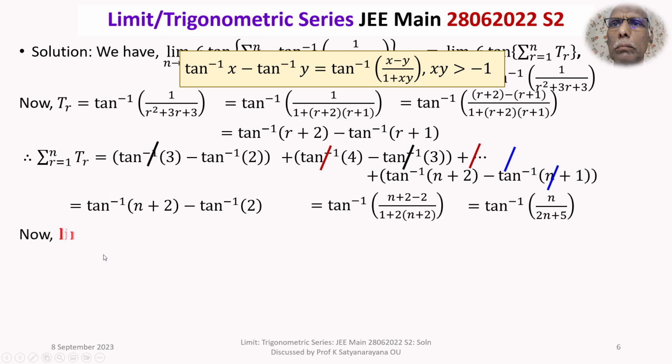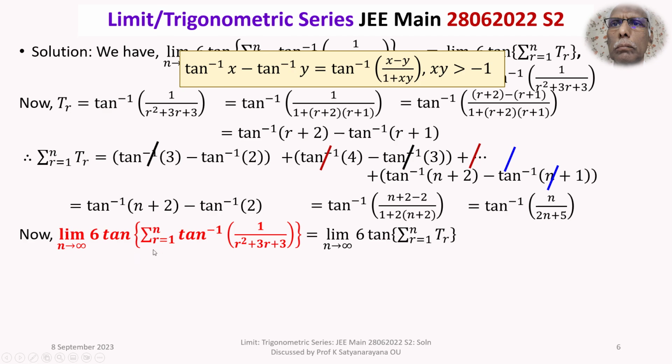So what do we want? We want the limit n tends to infinity of 6 times tan of (sigma r equals 1 to n tan inverse of 1 by r square plus 3r plus 3). Sigma of tr we have seen is tan inverse of n by 2n plus 5. So the limit n tends to infinity of 6 times tan of tan inverse of n by 2n plus 5.